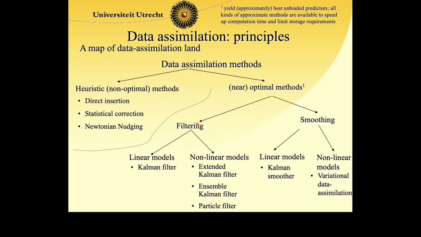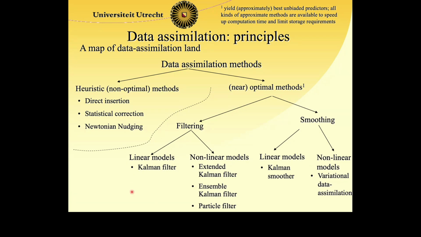There's filtering, and those are so-called recursive methods. That means you do a prediction, you get your observations at a given time, and then you insert the observations in one go, at that specific time, and that is used as the initial condition for the next time update.